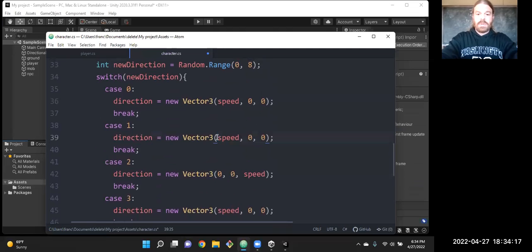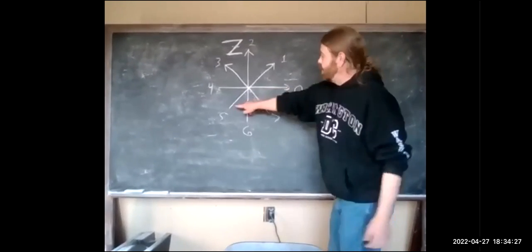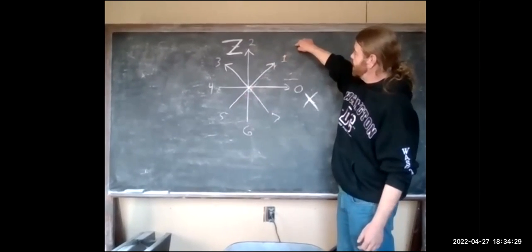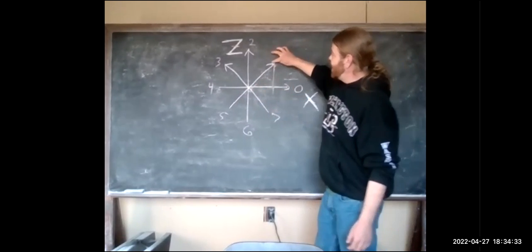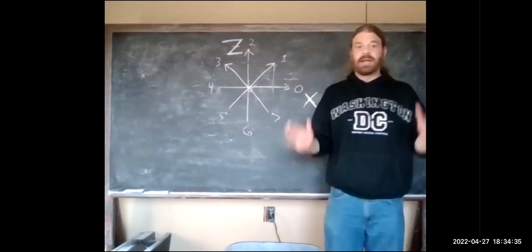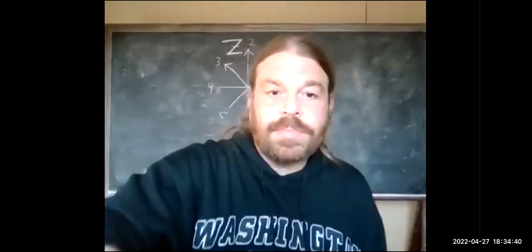It'll be half of our speed in the x direction. So when we're going this way, half of our speed is the x direction and half in the z direction, and then those blend back together to give us that diagonal.